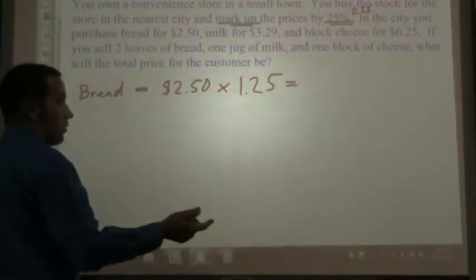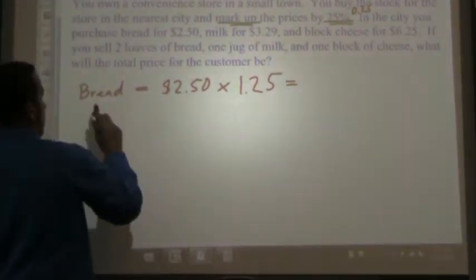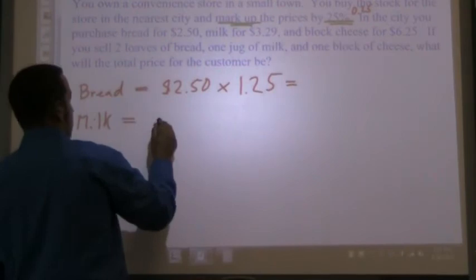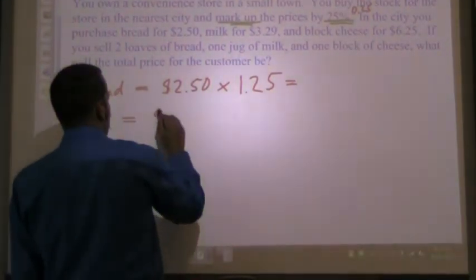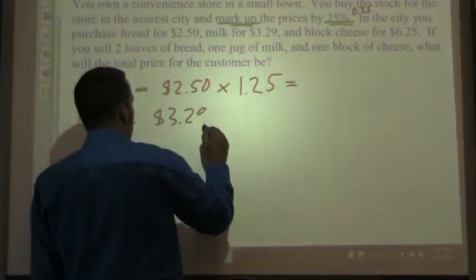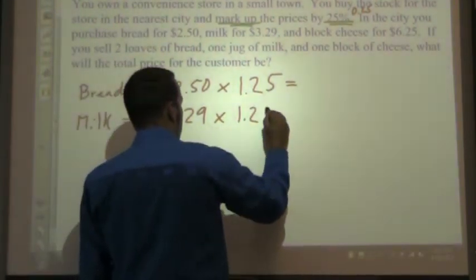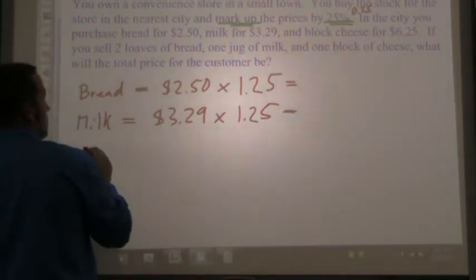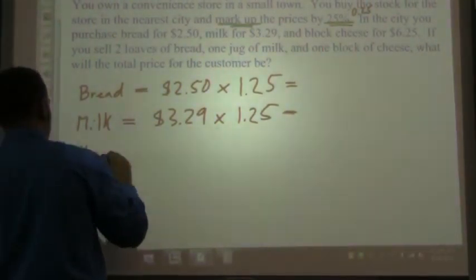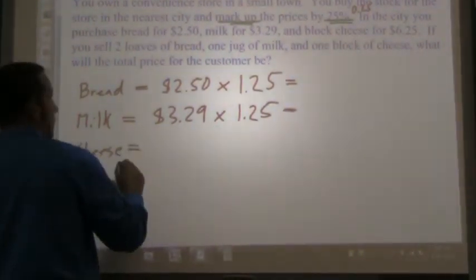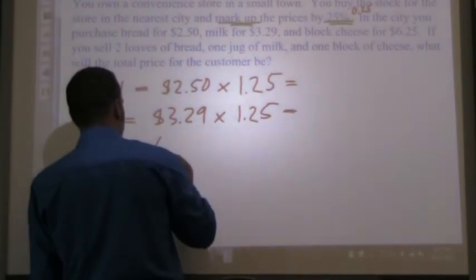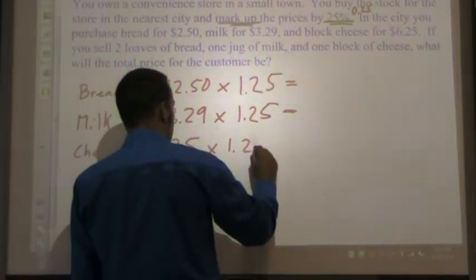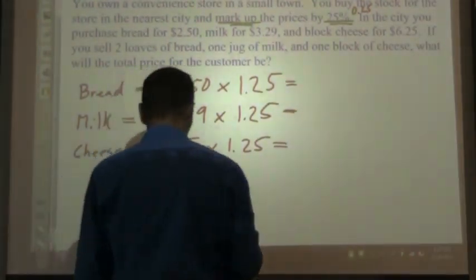And before I do that work in the calculator, we'll just go ahead and set up the calculation for the milk. Same procedure. I take the $3.29, multiply that by 1.25. That'll give me the final price there. And for the cheese, it was $6.25. We're going to multiply that by 1.25 and get a final price.